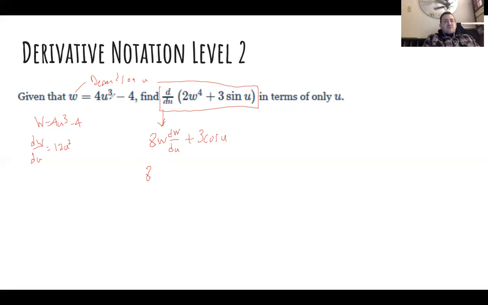My equation for w is 4u cubed minus 4, and my equation for dw du is 12u squared.